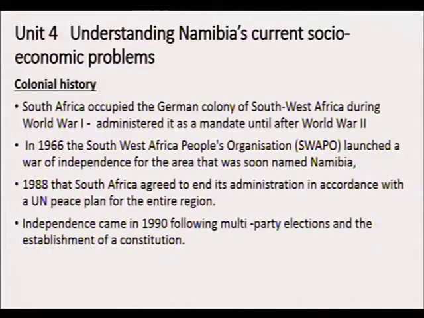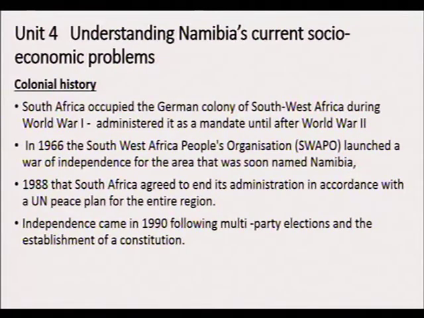We know the German colony of Southwest Africa was occupied during World War I and administered as a mandate until after World War II. In 1966, SWAPO launched a war of independence for the area which was soon to be named Namibia. And in 1988, South Africa agreed to end its administration in accordance with a UN peace plan for the entire region.